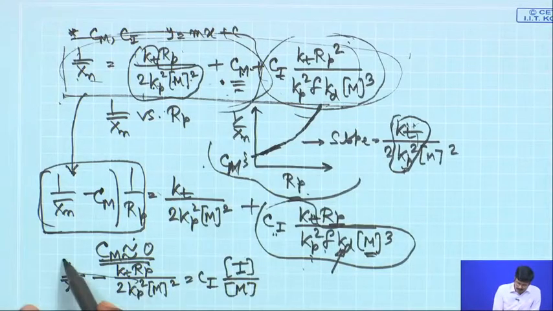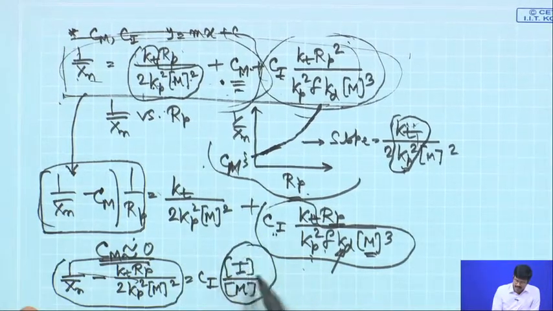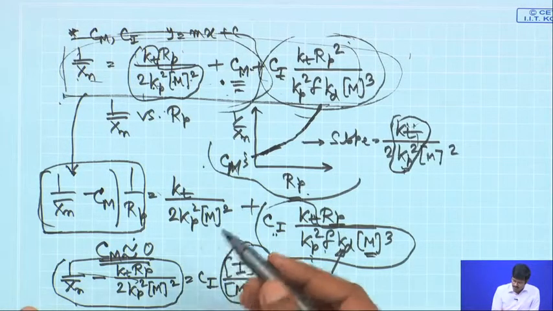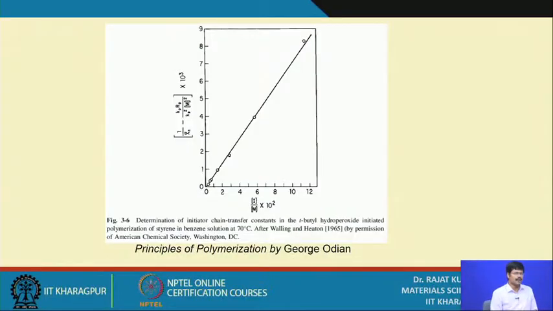Now, if you are plotting this versus I by m, the initiator concentration and the concentration of m, then the slope directly is going to give you the value of Ci. So, let us say I will show you one experimental graph here.